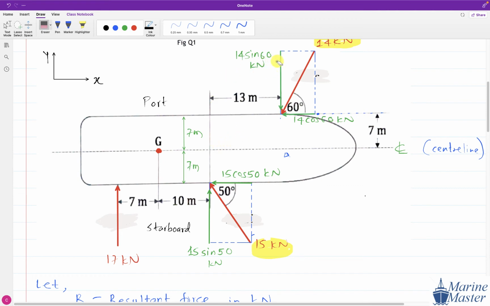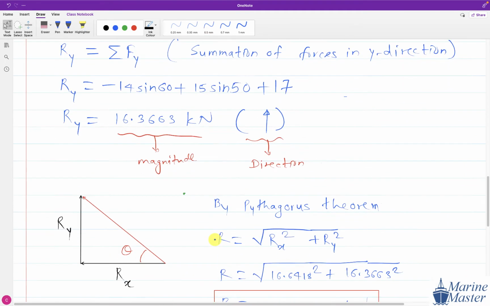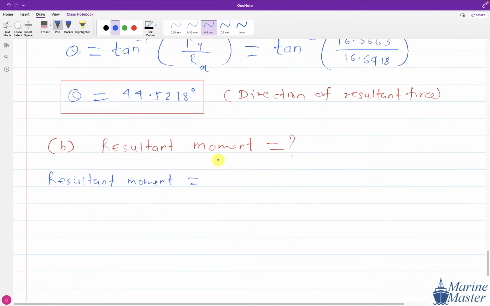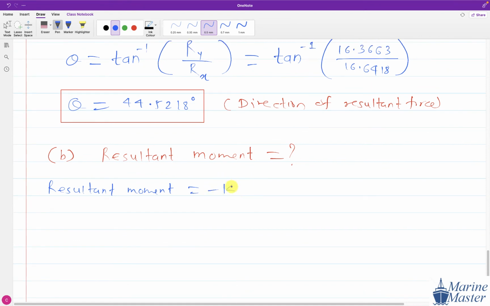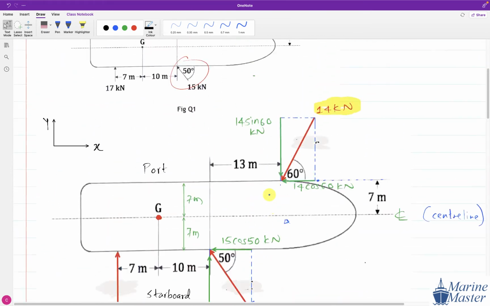So this 14 cos 60. First of all, we will see 14 cos 60. What is the effect of 14 cos 60 about G? Is it clockwise or anti-clockwise, sir? Anti-clockwise, like this. And perpendicular distance will be what? Anti-clockwise means minus 14 cos 60.